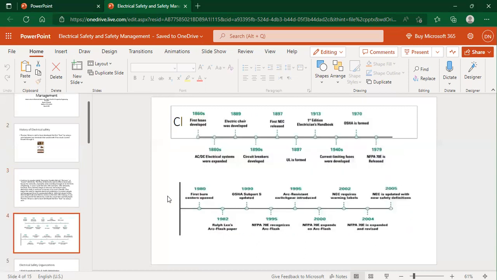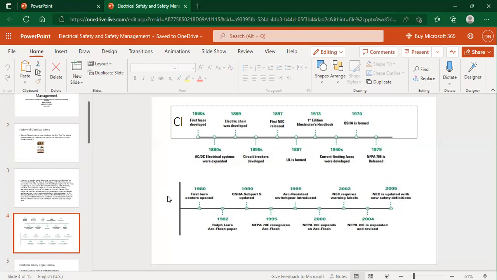Here we can see a structural diagram which shows the inventions between the 1860s and 1980s. The first fuses were developed in the 1860s. AC and DC electrical systems were expanded in the 1880s, in 1889 the electric chair was developed, and in the 1890s circuit breakers were developed.